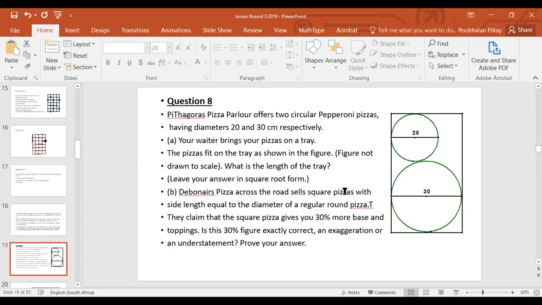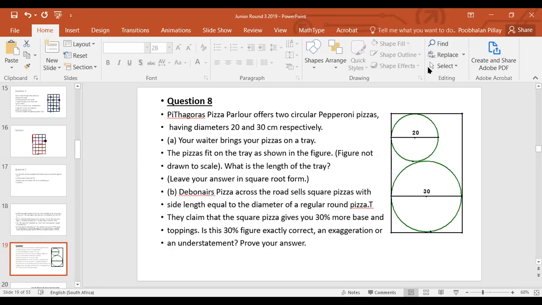And if you know that one pizza is 20 centimeters wide and the other one is 30 centimeters wide, the question is, what is the length of the tray? Knowing that the diameters of these circular pizzas are 20 and 30 respectively.